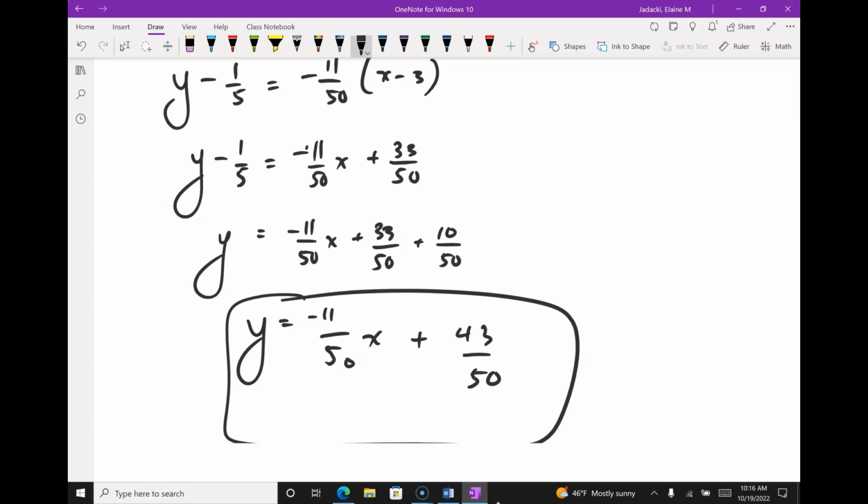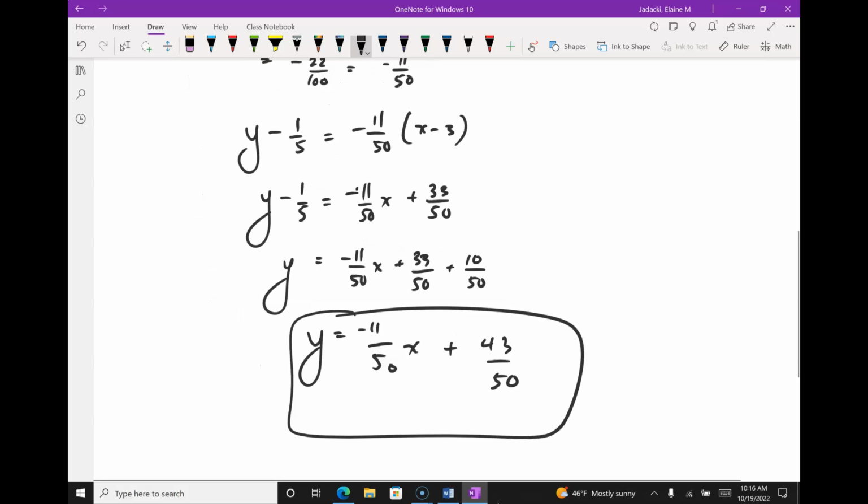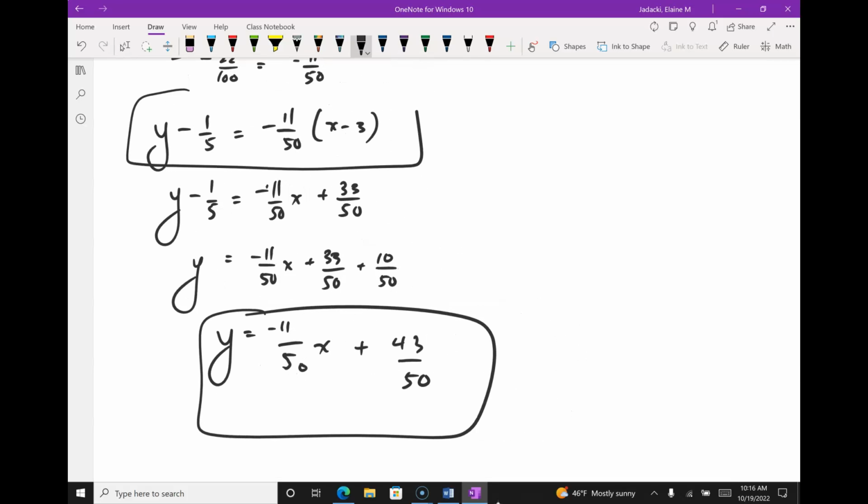Remember, you're going to check everything on Desmos, right? It's good to check it as you go, meaning let me put this into Desmos before I do any more work, right? And then once I realize it's correct, I can then go further, right?